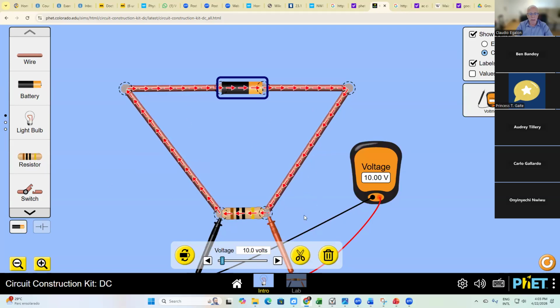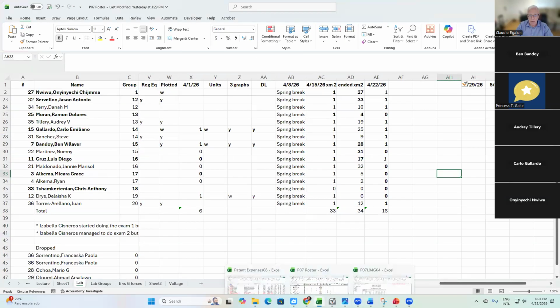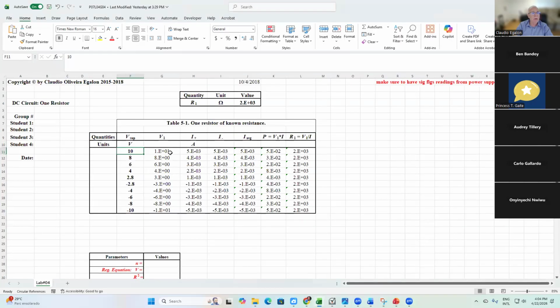If I change the voltage of the power supply, the voltage across the resistor is going to be the same. And that's exactly what I get in my spreadsheet. 10 volts here for the power supply, 10.03 volts for the voltage across the resistor.